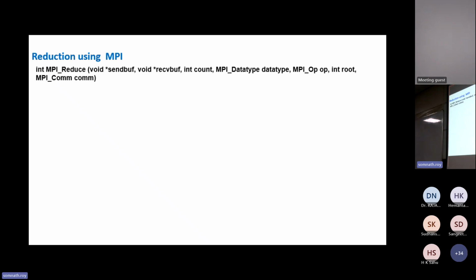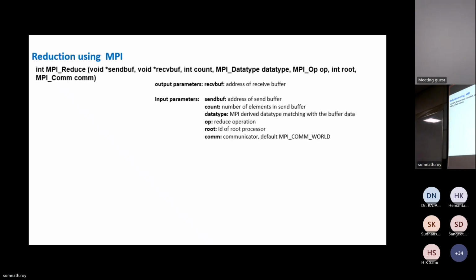The reduction command is MPI_Reduce, where you specify which data has to be sent for reduction, where the output will be received, the size of the data, the data type, and the type of operation: is it summing up, finding the maximum, or a product. Then which process will get the reduced value, and the communicator.